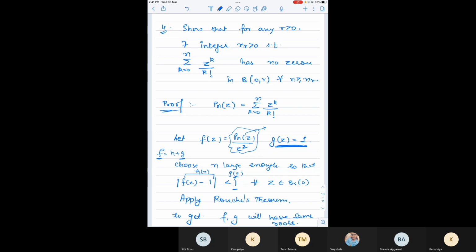Next question. Yes, this is the direct application of Rouché's theorem. So this given function f(z) is given.